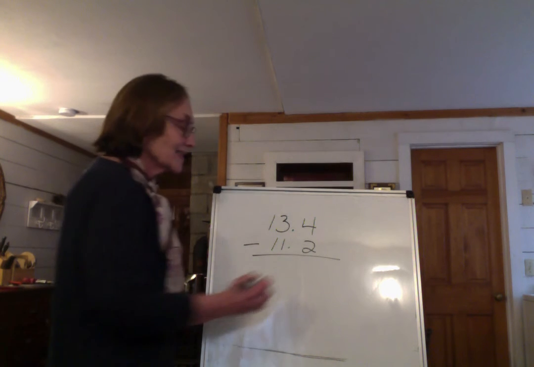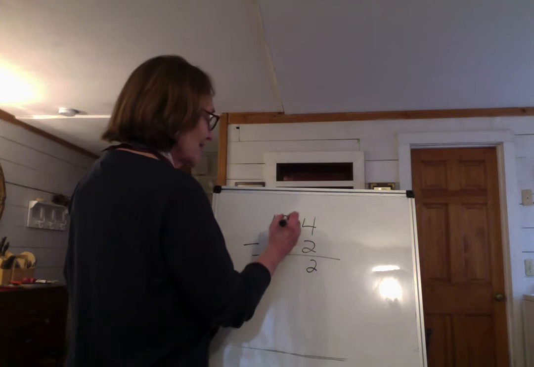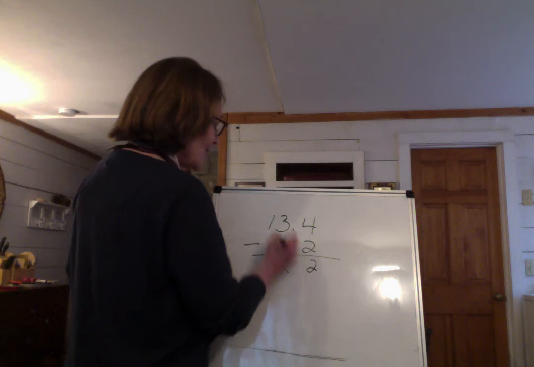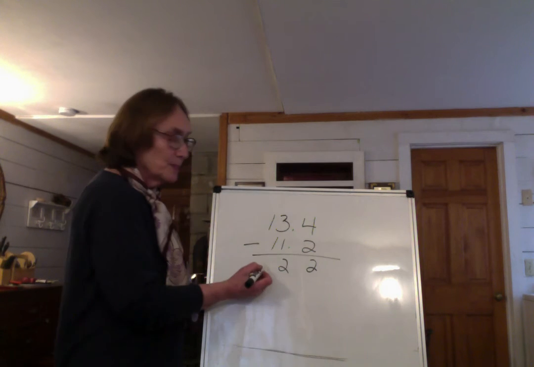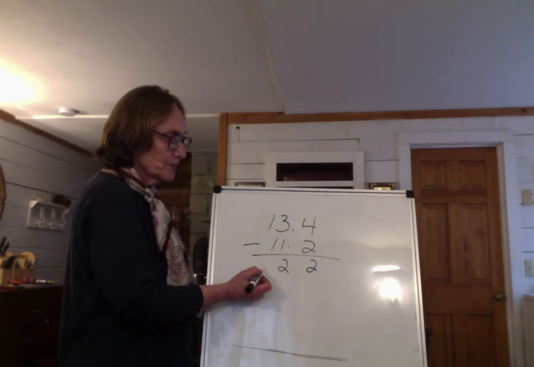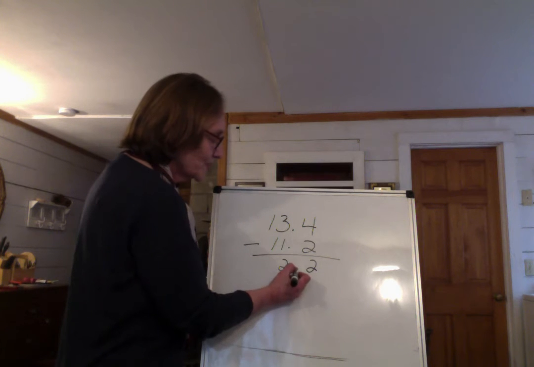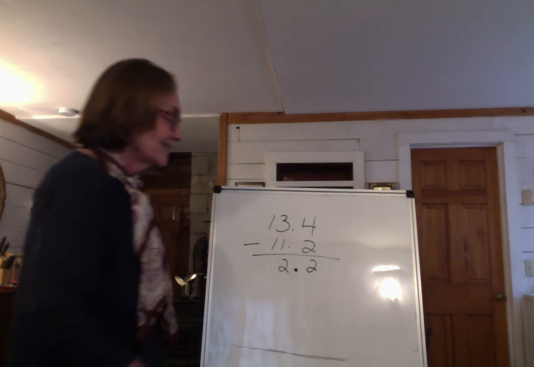Now let's subtract. 4 take away 2 is 2. 3 take away 1 is 2. 1 take away 1 is 0. Now you can put a 0 there if you wish. It's not necessary because it's a leading 0. Let's drop down our decimal point. 2 2/10. That's our answer.